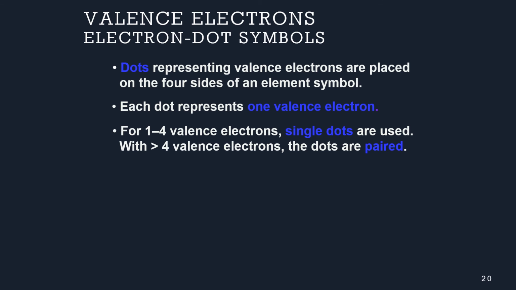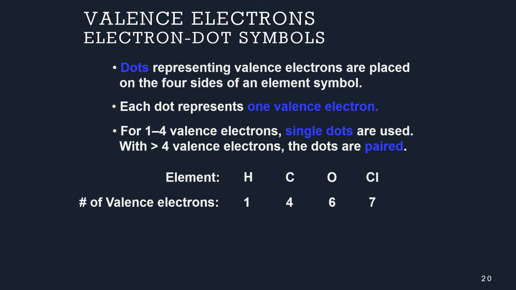So let's look at some examples here. Elements H, C, O, and Cl. These are hydrogen, carbon, oxygen, and chlorine. The number of valence electrons for each of these are shown here. We have 1 valence electron for hydrogen, 4 for carbon, 6 for oxygen, and 7 for chlorine.